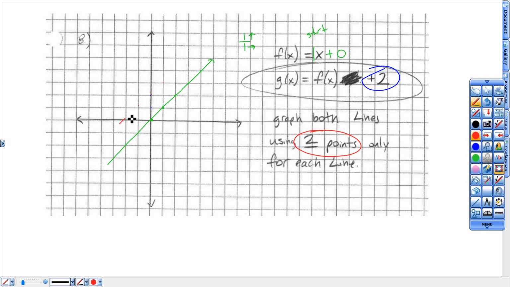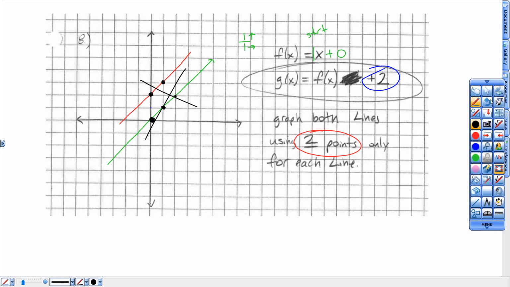So I'm going up 2 boxes to get my new line, which I'll do in red. And again, when you do this, you can only plot 2 points. So let me show you that. That would be maybe one big dot right here, and then maybe one right here. And then for the other line, there's 1 dot, there's another, nothing more. If you add another dot to it, they're going to mark you wrong.